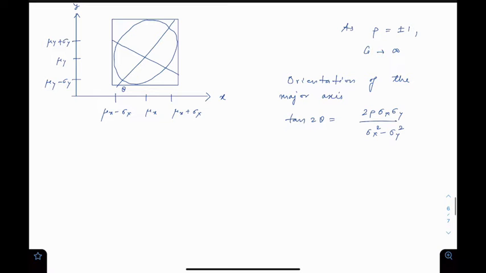So, theta is 45 degrees if and only if sigma x square equals sigma y square, and theta is 0 only if rho is 0.